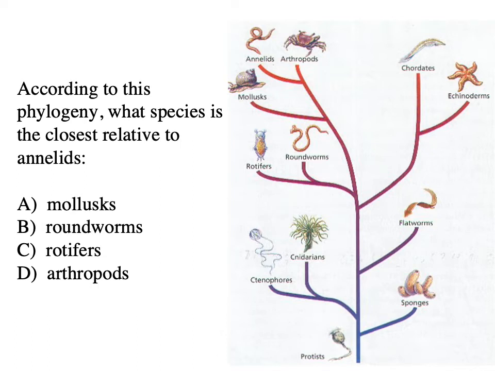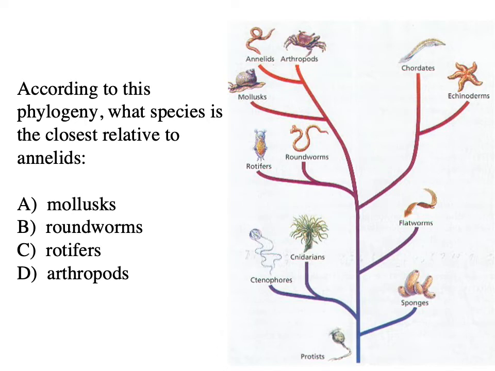The answer is arthropods. They are closest to the annelids on the tree. Those are the closest together on the branches. They are not similar to flatworms, even though they have a worm-like appearance. They are not similar to roundworms.